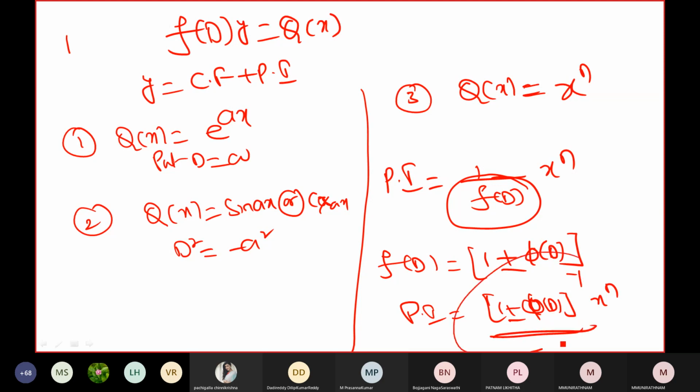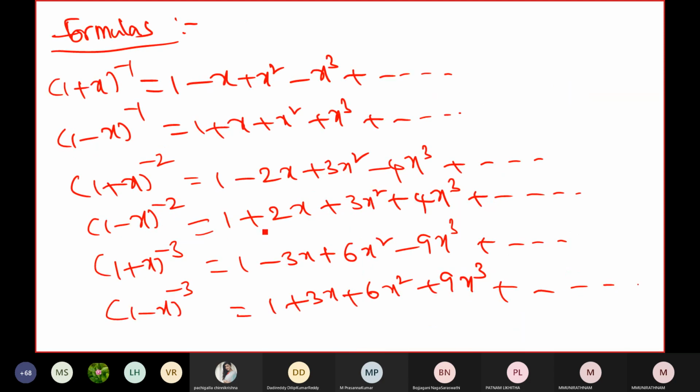So this will be expanded using one of these formulas, and then we write that and simplify it. You will understand clearly in the problem. Please note down the problem.